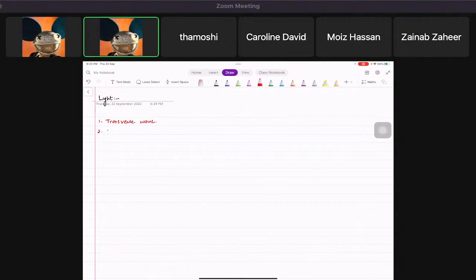Light has a speed, which is written as c, and it has a value of 3.0 times 10 raised to power 8 meters per second. And this is the fastest speed anything can achieve. So this is basically the fastest.